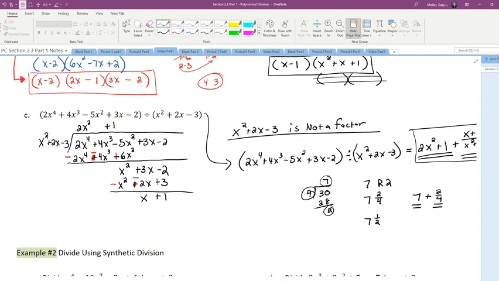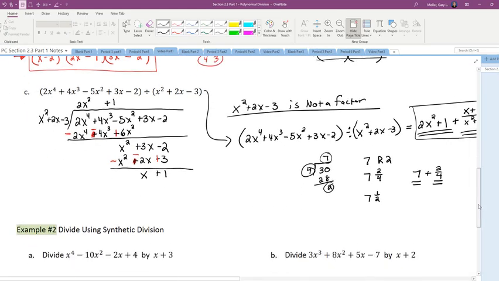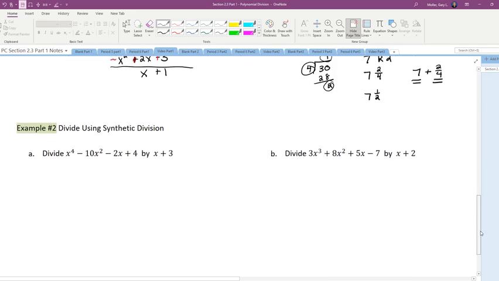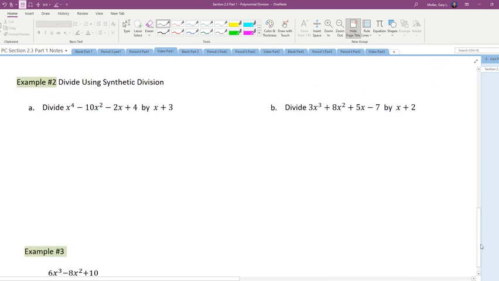Let's keep going. Let's talk about a little thing called synthetic division. You've obviously done this before, so let's review this. When we are doing division with polynomials, if our divisor is of the right form, then we can use something called synthetic division. And the form is we have to be dividing by something that's of the form x plus k.